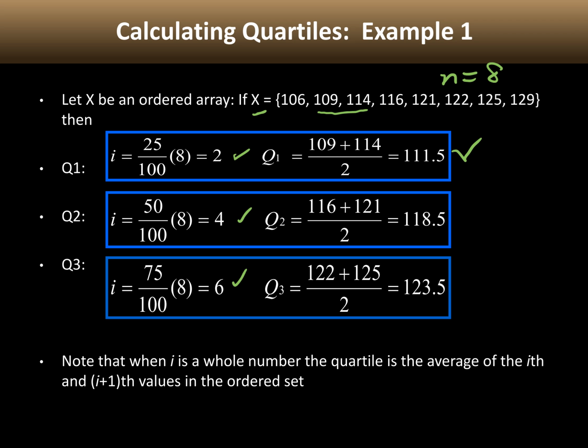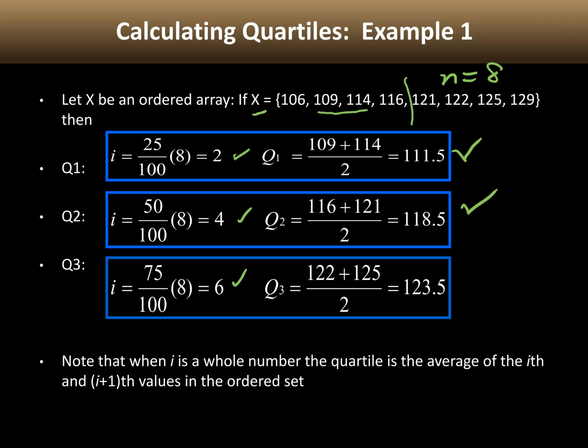The median value, because it's an even number, we cut the data set in half and take the average of 116 and 121, or you can use the location index I formula, to get 118.5.